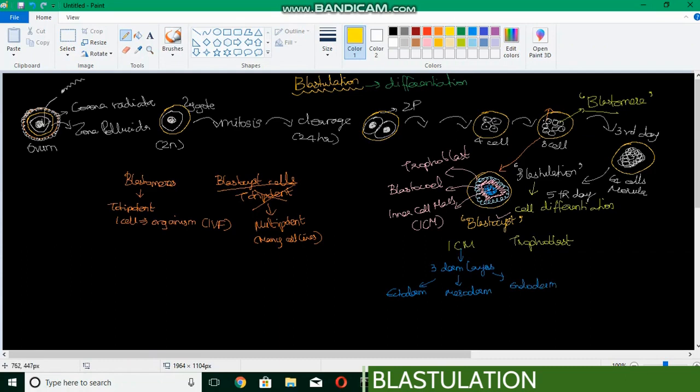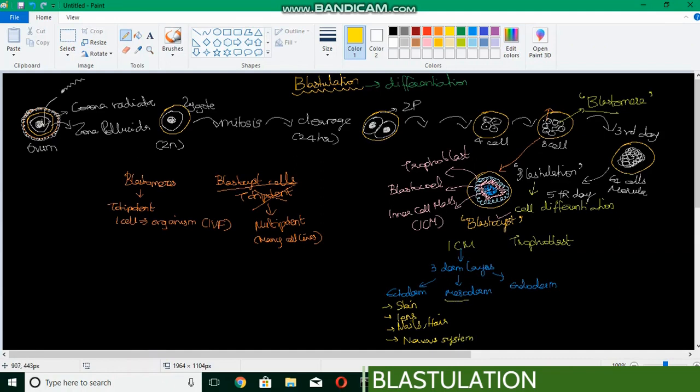Now ectoderm gives rise to the cells which are basically observed externally from the body. We can take skin as an example, and lens, nails, hair, and other things which we can see from outside of the body. And it also gives rise to the development of the nervous system.